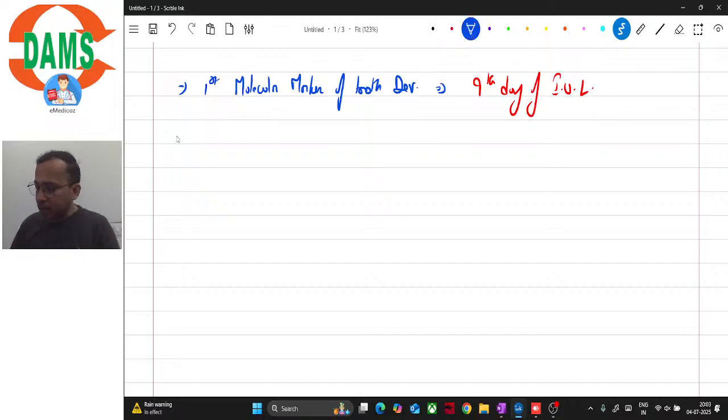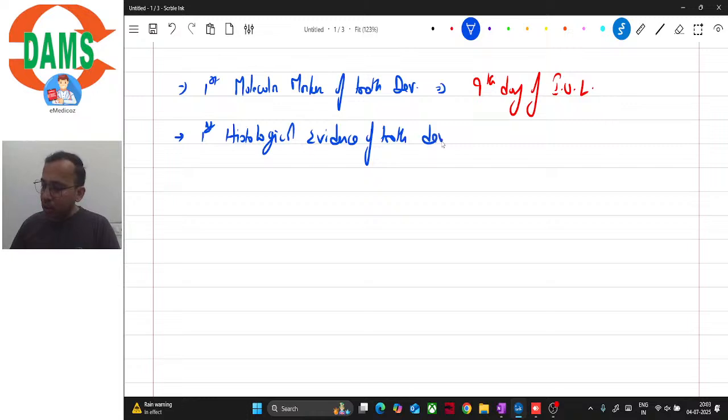Next, the first histological evidence of tooth development. This too I have told you, it is at the 11th day of intrauterine life.